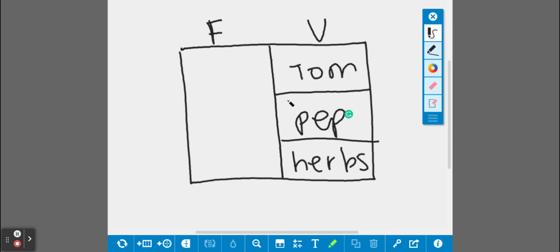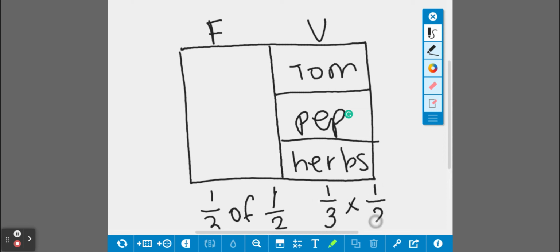So what I'm looking at here is 1/3 of 1/2. That word of right there is another way of saying times. So we could say 1/3 times 1/2.